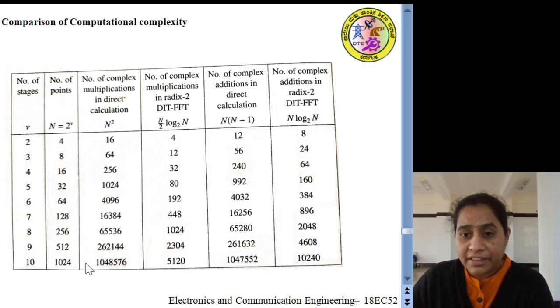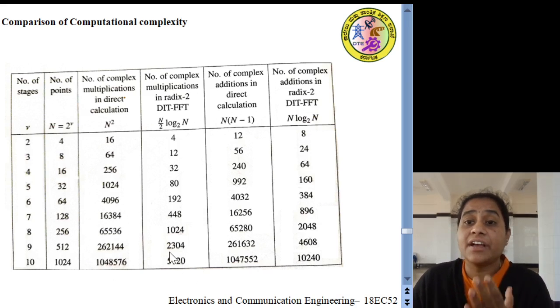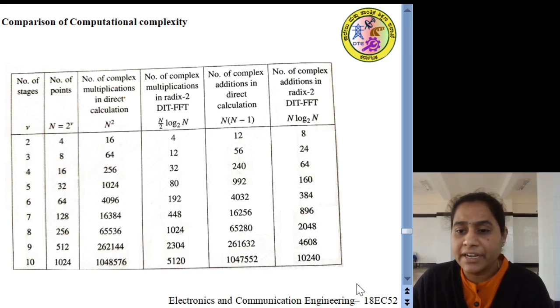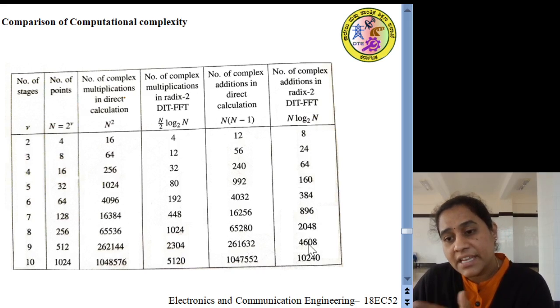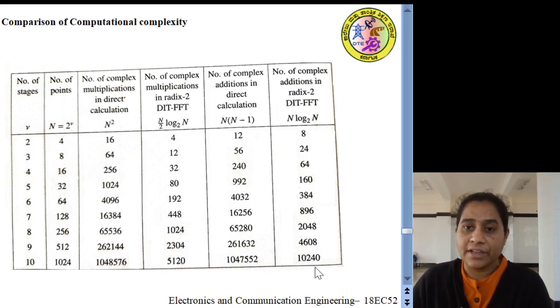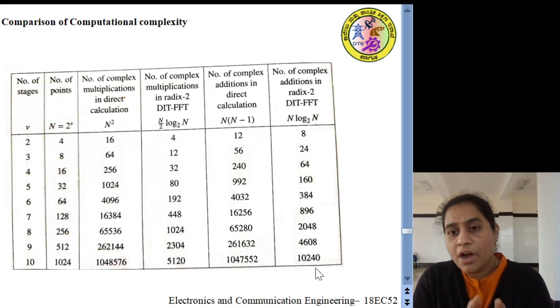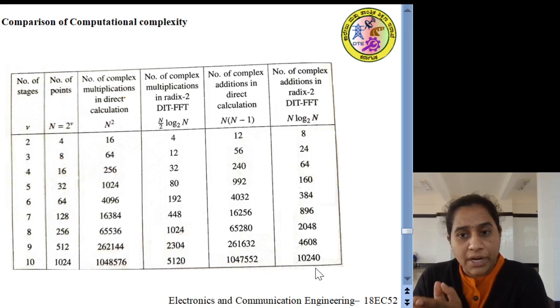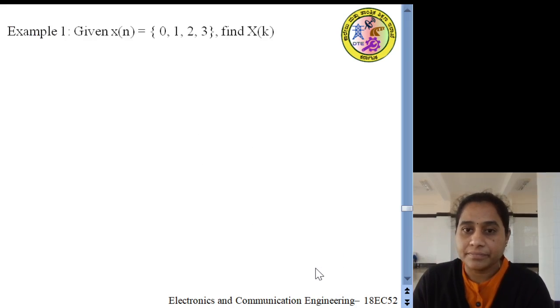We can observe the greater reduction in computational complexity. Here also around 1 million complex additions get reduced to 10,240. That is why we go for the radix 2 DIT FFT algorithm for finding the DFT.